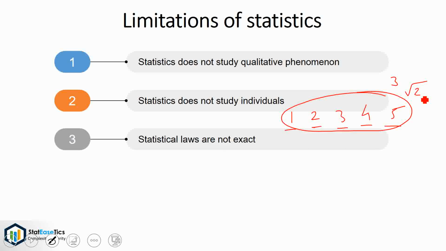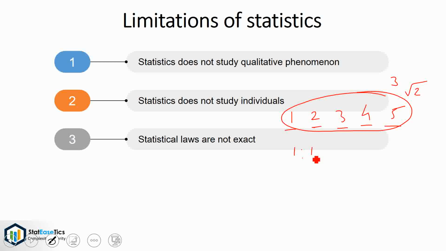Third, statistical laws are not exact, unlike the mathematical and scientific laws. Basically, statistical laws are true only on an average. For example, if I say that tossing a coin would give us heads and tail in 1:1 ratio, it is true only on an average.